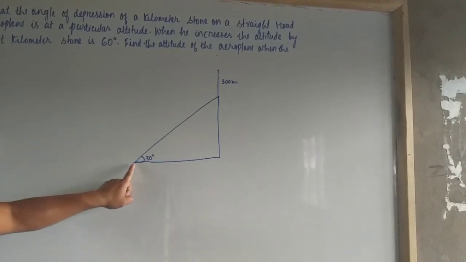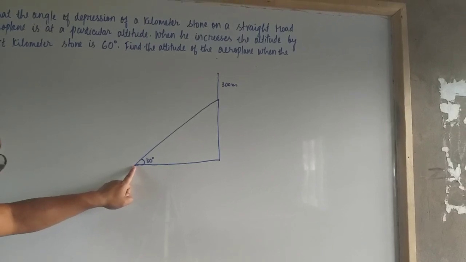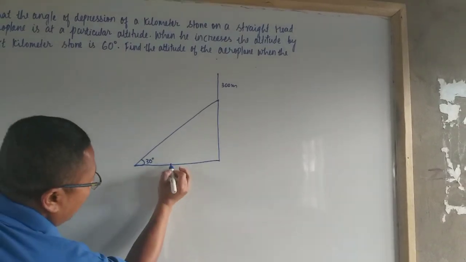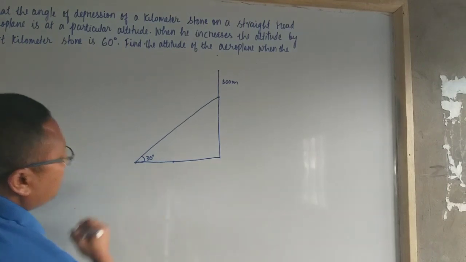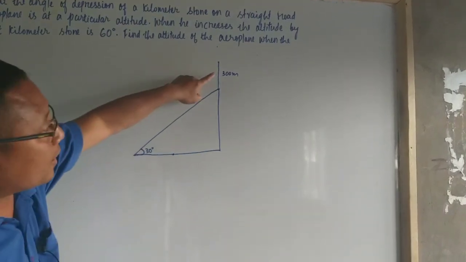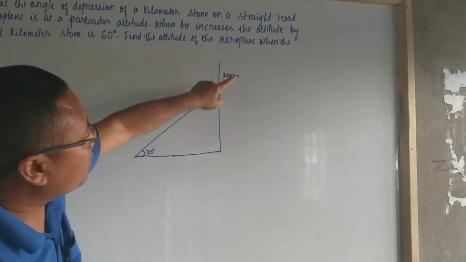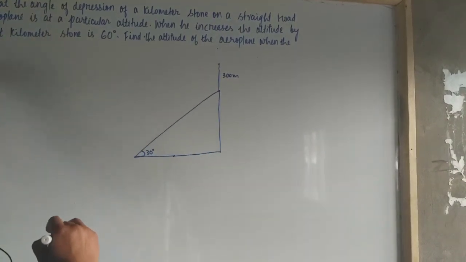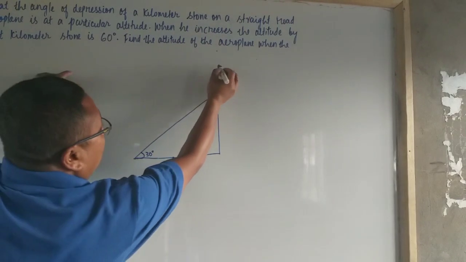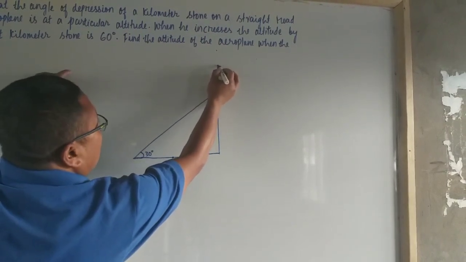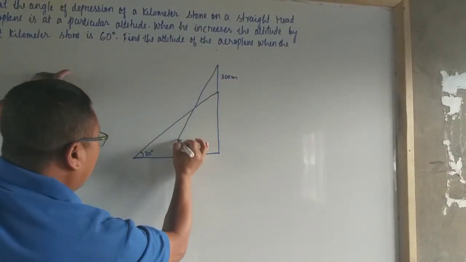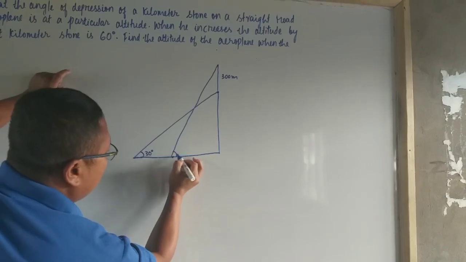So this was the first kilometer stone. So the next kilometer stone, let's assume that it is here. Now on increasing the height of the aeroplane by 300 meters, the depression of the next kilometer stone is given to be 60 degrees. So this is 60 degrees.